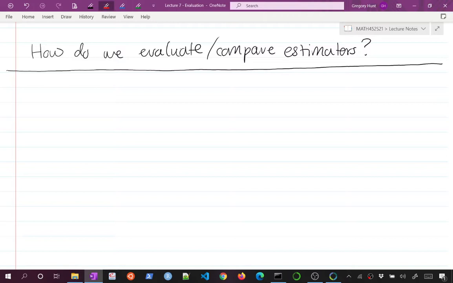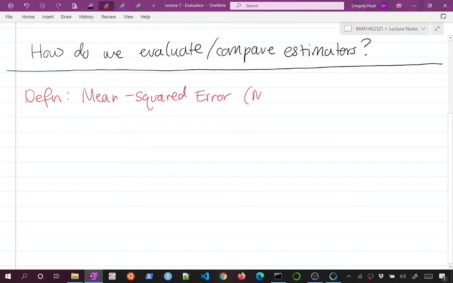So the first thing that we need to do is start off by defining some kind of metric on an estimator. The metric is called the mean squared error, often abbreviated MSE.